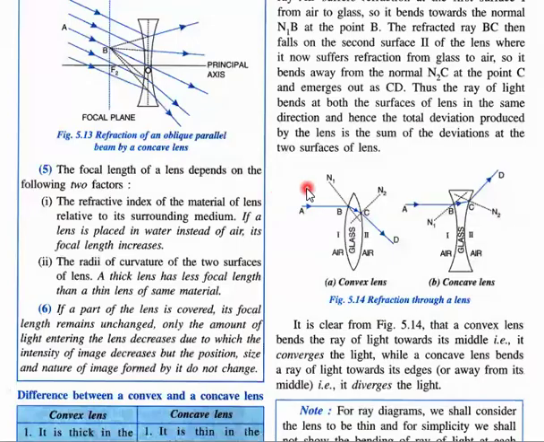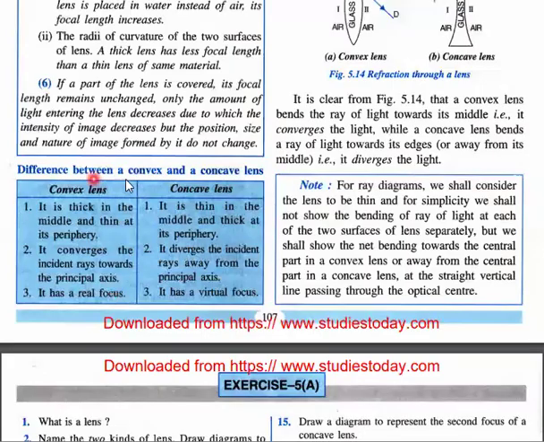So here you have to remember the differences between convex and concave. I'm just going to put some marks. Convex lens is thick in the middle and thin in the periphery.